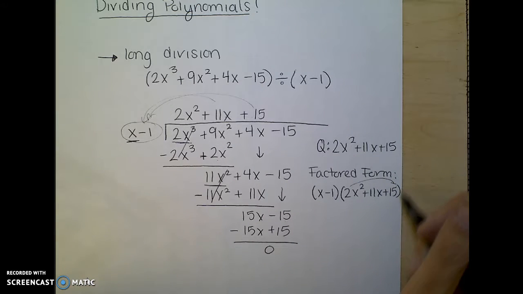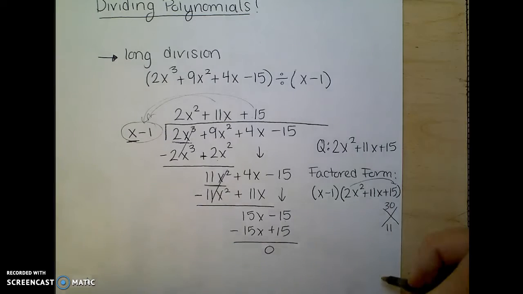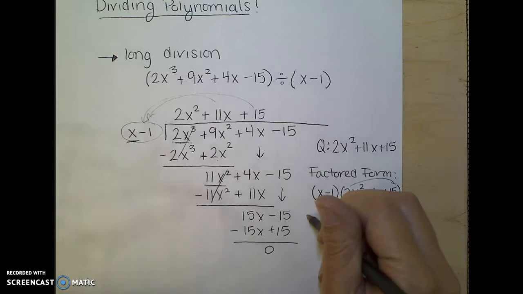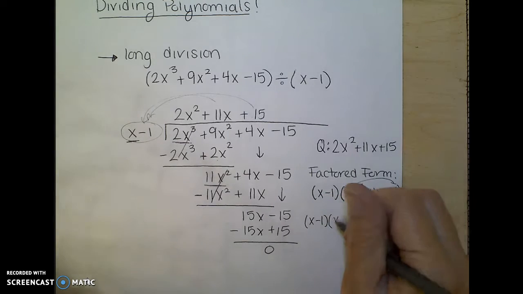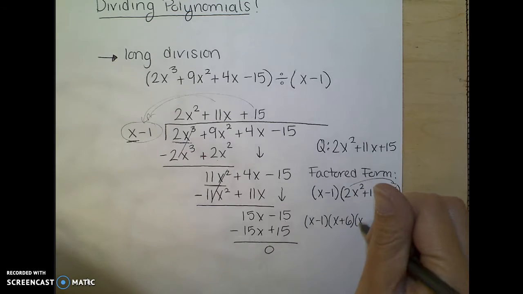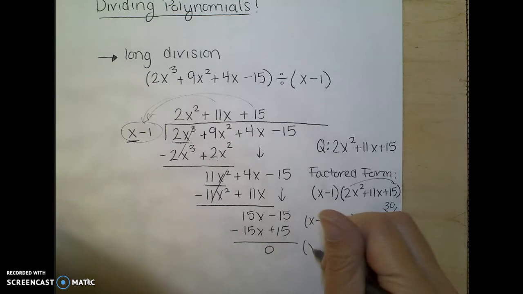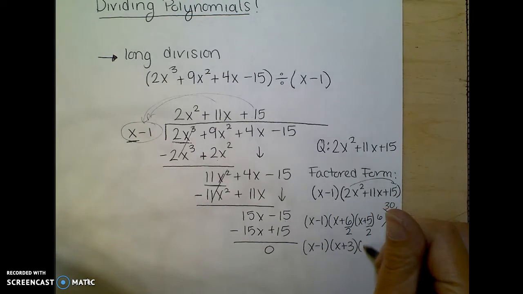So I'd slide the 2 over and think what multiplies to 30 and adds to 11. I think 5 and 6 will do it. So I'd have x minus 1 brought down, x plus 6, x plus 5, but then I have to divide out that 2. So I have x minus 1, x plus 3, 2x plus 5.